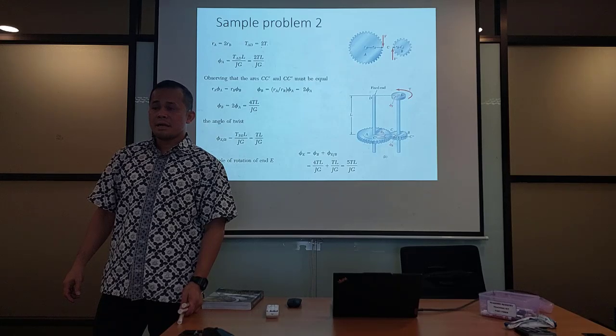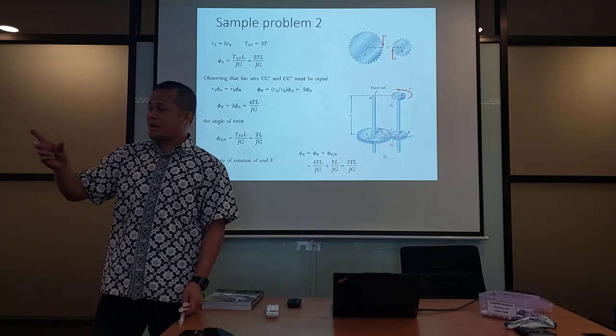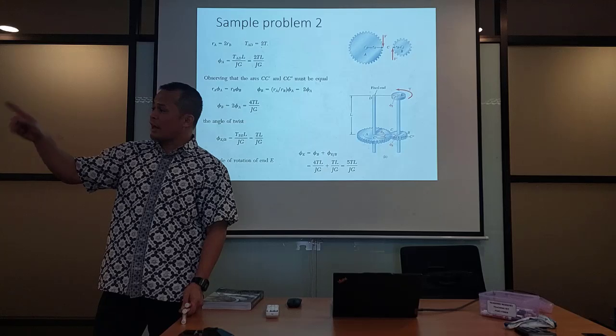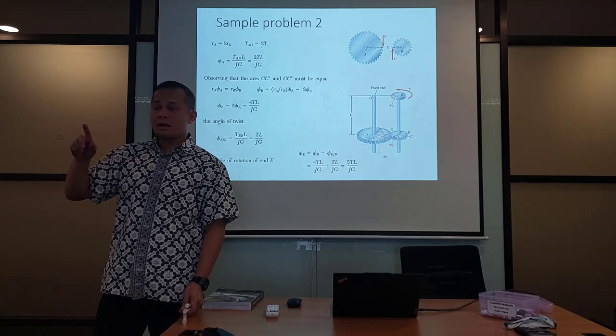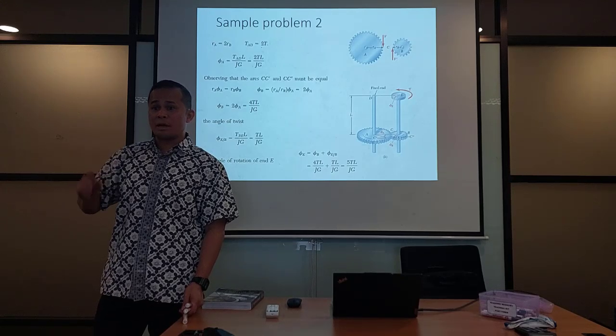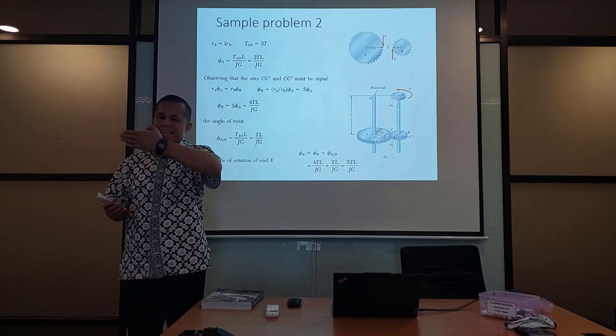Gear B has 30 degrees, and you know that RA is bigger than RB. Therefore, the twisting angle at gear A will be smaller than 30 degrees or bigger? Smaller. So it will rotate a bit.